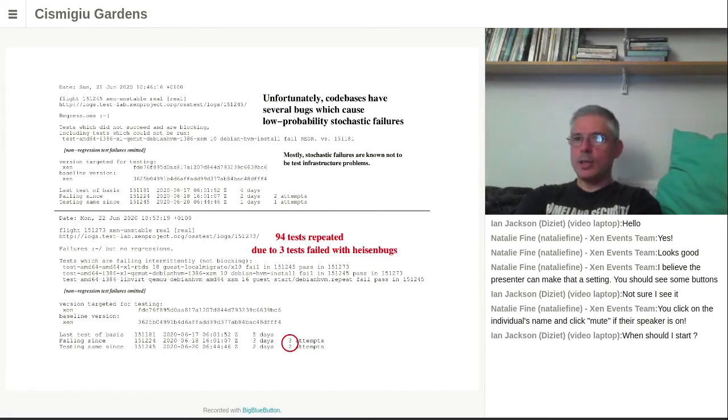So the logic is that if you run the tests on the same version and you've got at least one pass, that will count as a success. This is not ideal, but because Heisenbugs are by their nature probabilistic and tend not to show up with very high probability, it's difficult to keep them out of the tree completely.